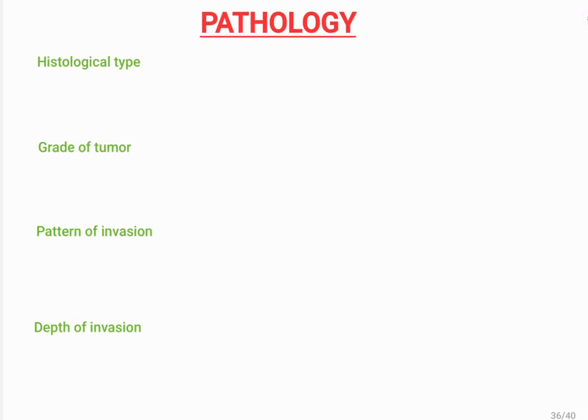Then comes the pathology of oral cavity cancer. Under pathology, the histological type of oral cavity cancer is majorly OCSCC, that is squamous cell carcinoma type. The grade of tumor is referred to as differentiation of the cells. That means how similar the tumor tissue appears to be normal tissue from which it is originated.